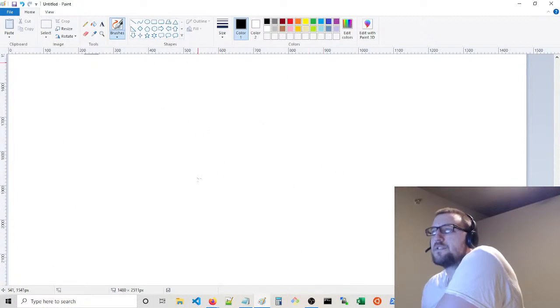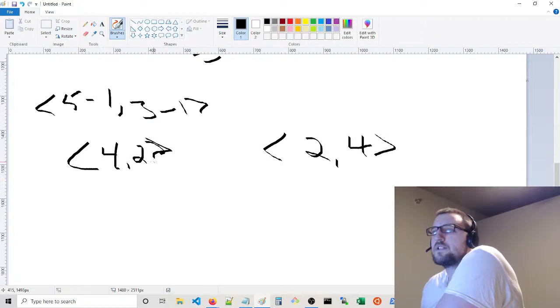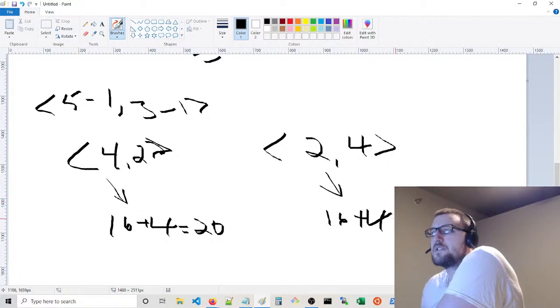Oh yeah, absolutely. If you take the dot product, you can normalize both of these vectors first, the same amount. 16 plus 4 is 20, and then 16 plus 4 is 20.